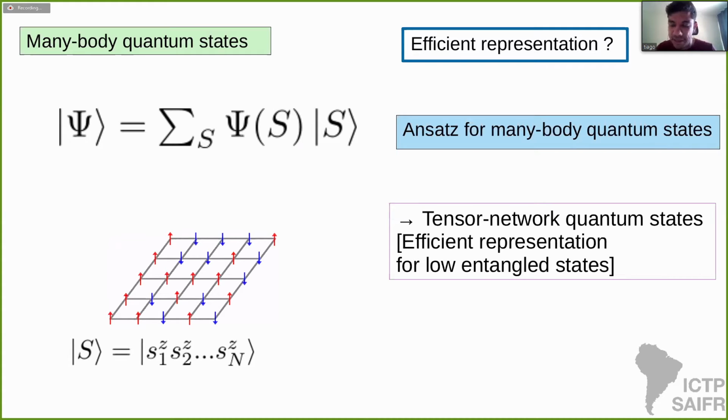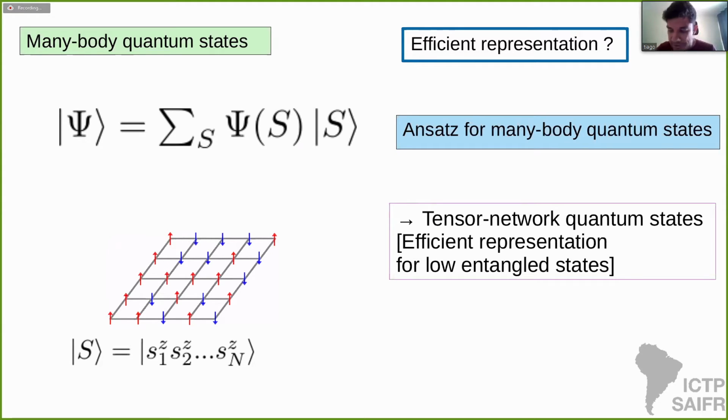This kind of method typically works very well for low entangled states, but for highly entangled states, like 2D states where entanglement is higher, it tends to be more difficult to use this method, despite the fact that you can still use it in some cases.